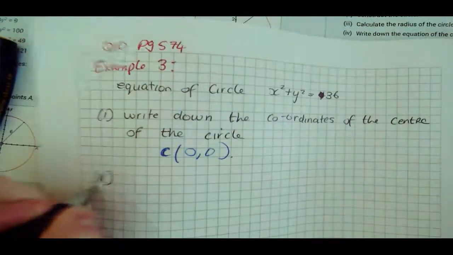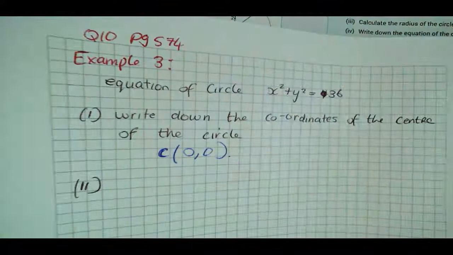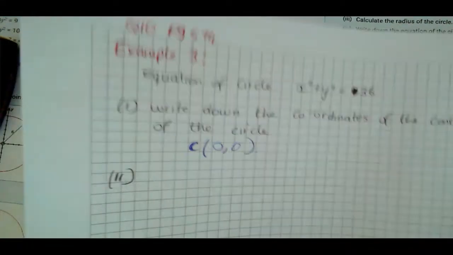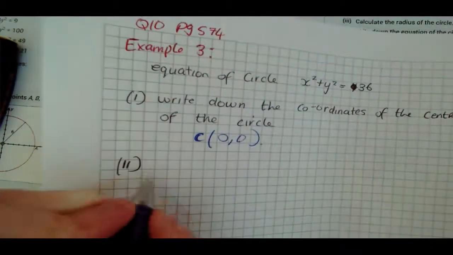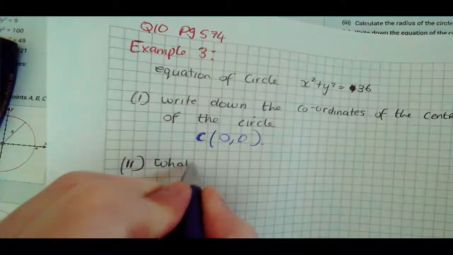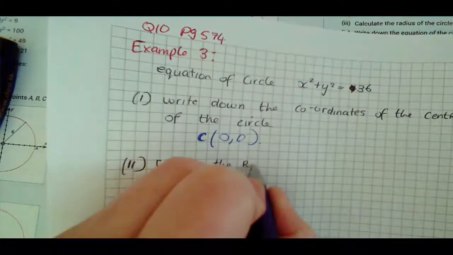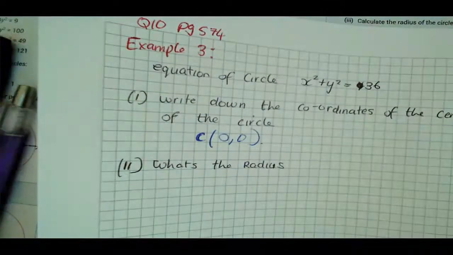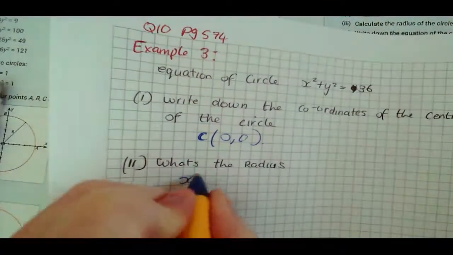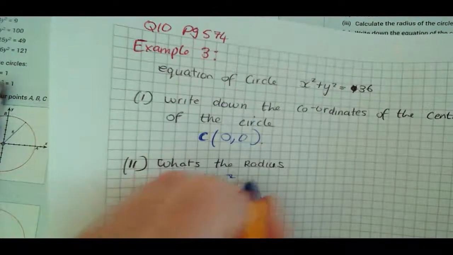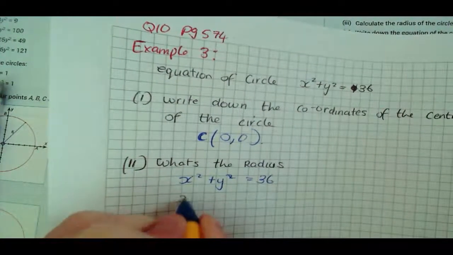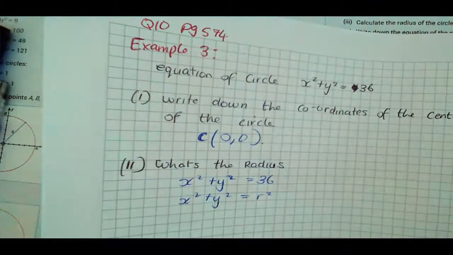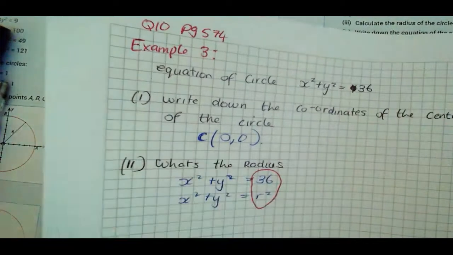So part 2 then asks us, what is the radius? So then if we write out x squared plus y squared is equal to 36, and we know that x squared plus y squared is equal to r squared, so straight away there we can say that r squared is equal to 36.